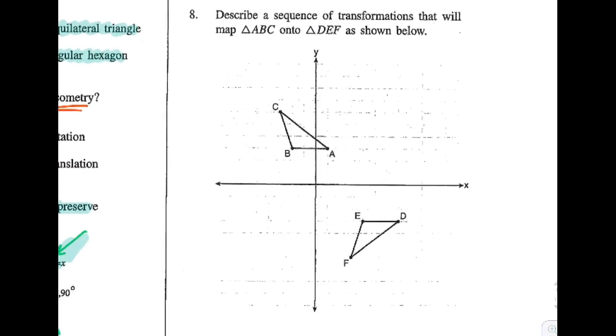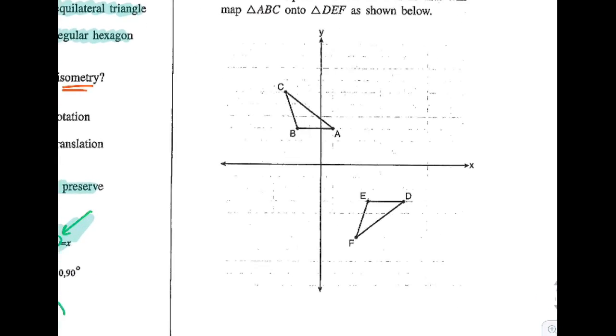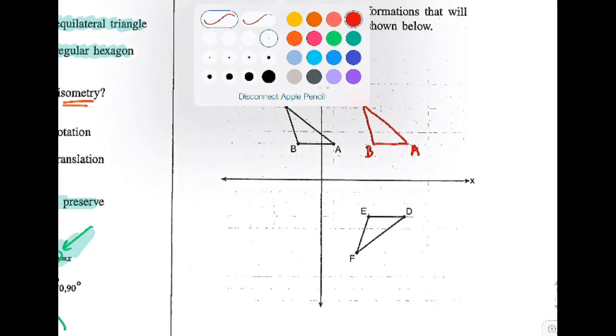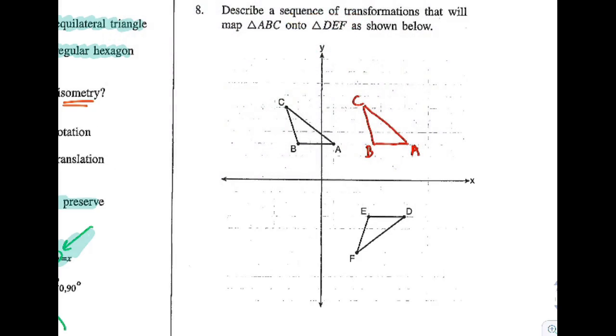Number 8. Describe a sequence of transformations that will map ABC onto DEF. So this one you have to do on your own. Here's ABC. You could do this with patty paper. There's a lot of different ways you could do this. You could translate, and this is a hard copy to see, but it looks like it's over 1, 2, 3, 4.